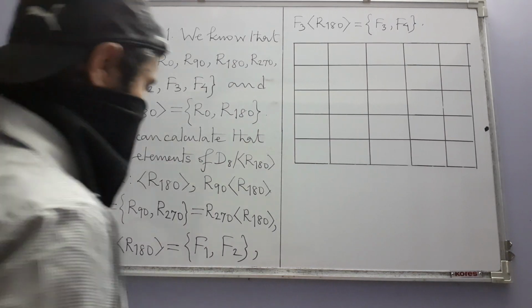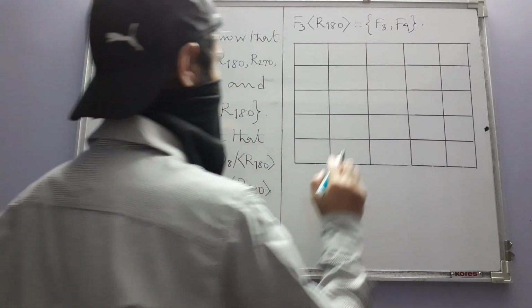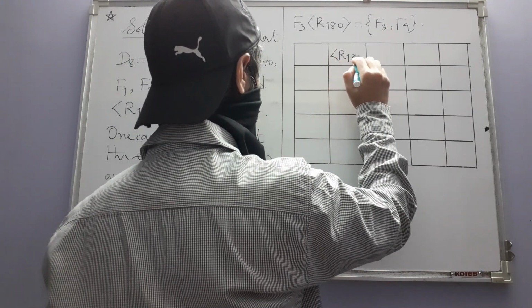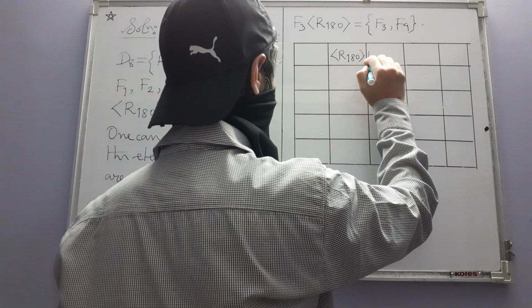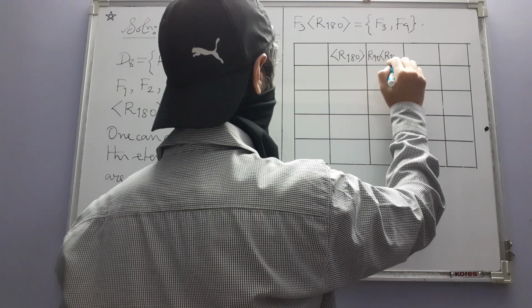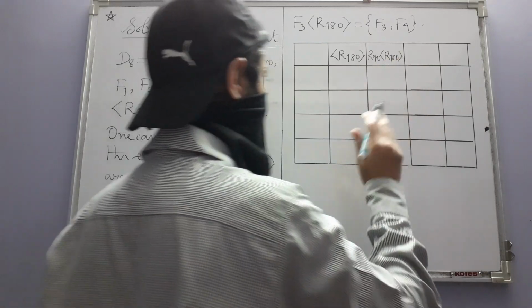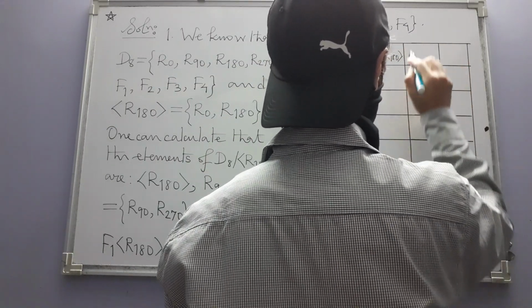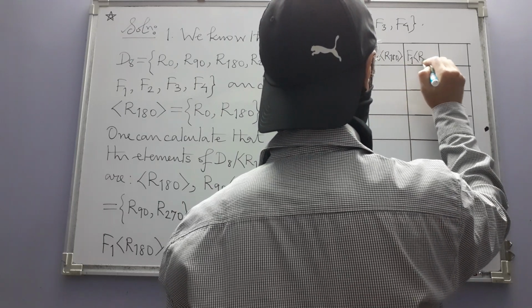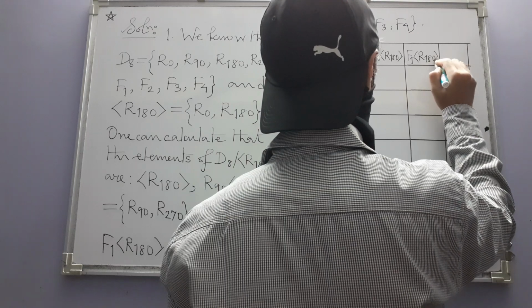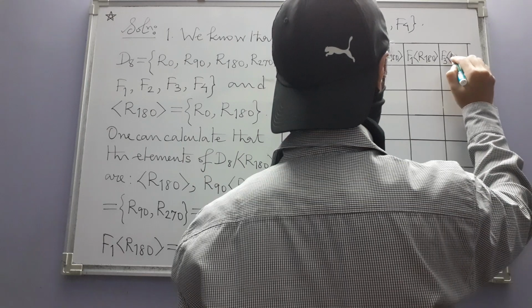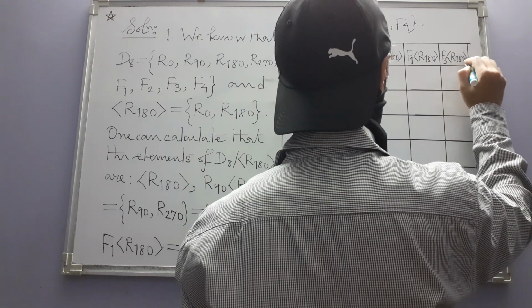Okay, so now, first of all, we will just write the elements: R180, then R90, R1, let me write carefully, then F1 R180 and F3 R180.